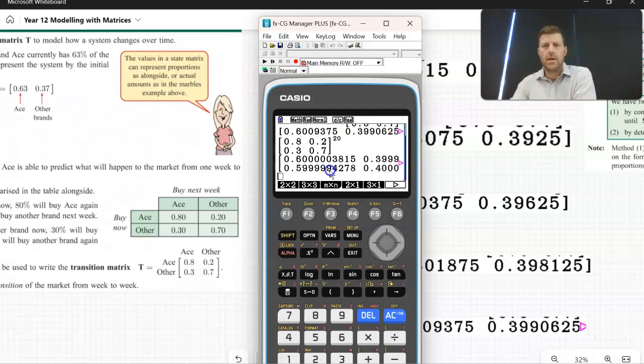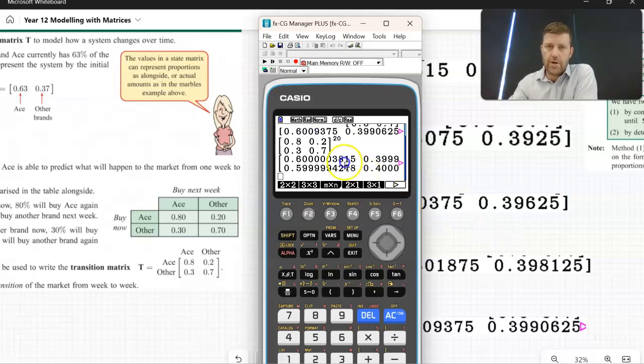And again, you can see that if we rounded it, it is almost identical. So I would say the steady state for this transition matrix is 60% and 40%, meaning 60% of the market will belong to Ace and 40% of the market will belong to the other brands.